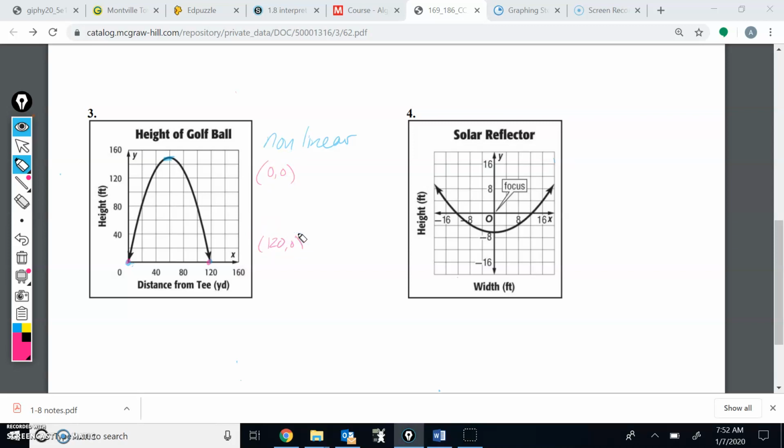The 0, 0 represents at time 0, so at the start, it is ground level. That means it's at 0 height. And then 120, 0 means when the ball is 120 yards away, it returns to the ground.